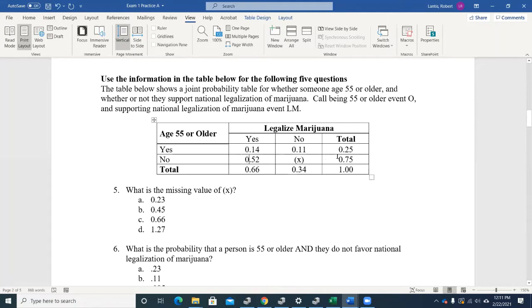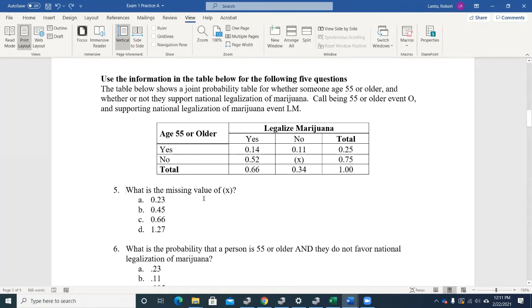Well, how do we find the totals here? Let's say I left off this entire total column. How could you reproduce those totals? Yeah, add across the rows, or if I had deleted these, add down the columns, right? So notice 0.14 plus 0.11 is 0.25, which means 0.52 plus X should be equal to 0.75, right?